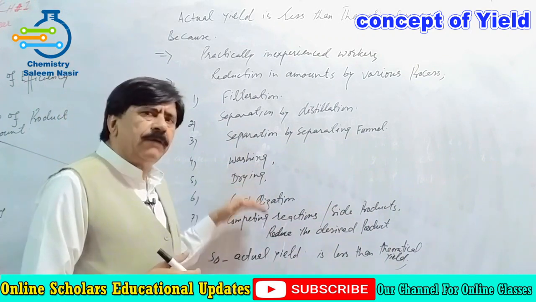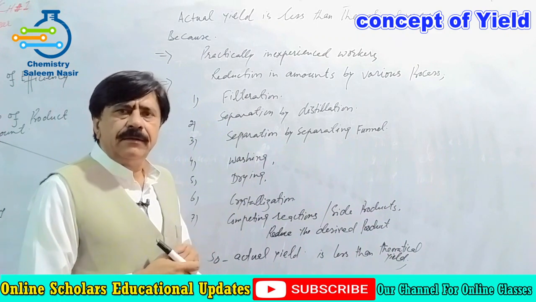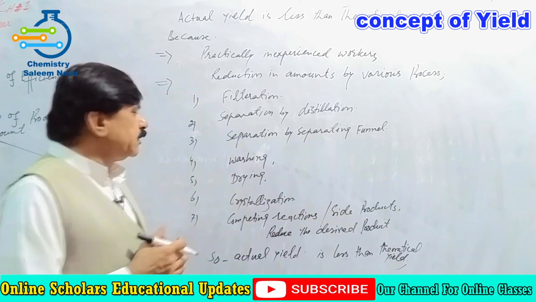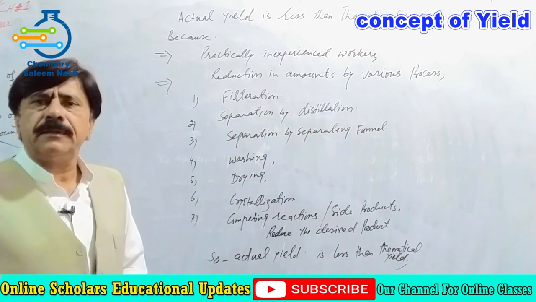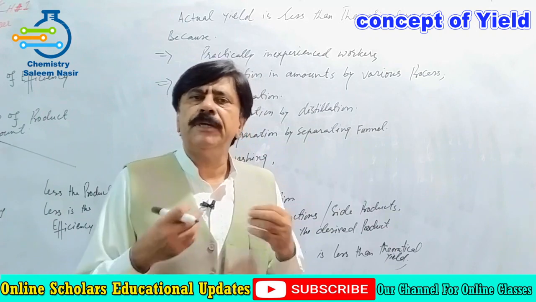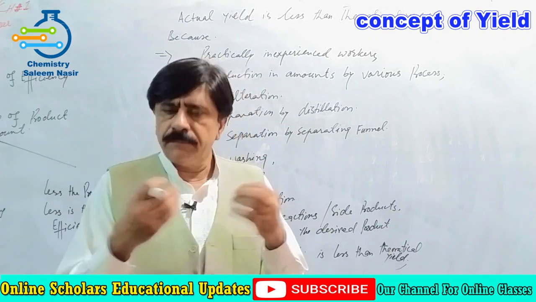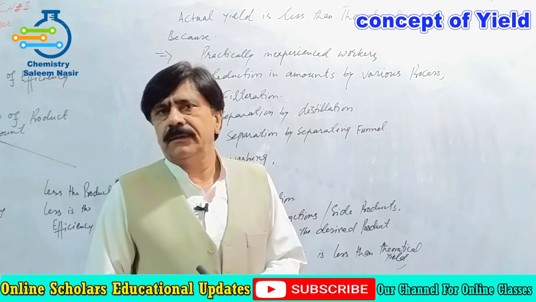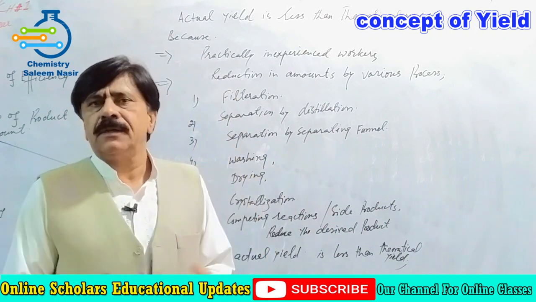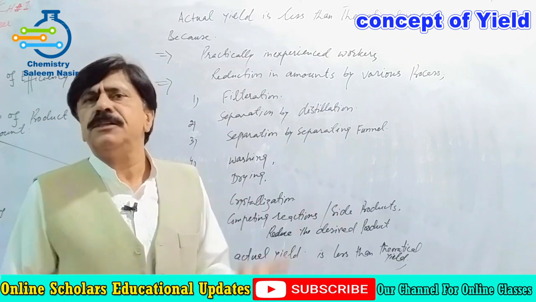Another is washing of the product, drying of the product, and also crystallization of the product, which may cause wastage, and ultimately our final product, the actual product, is reduced in amount.